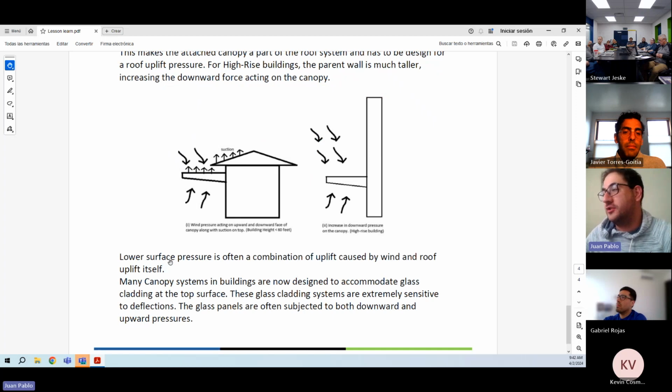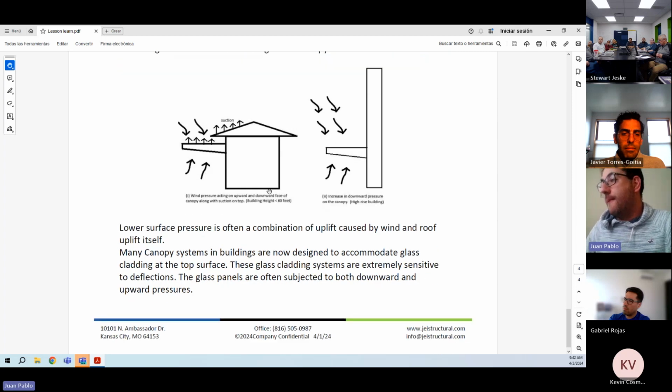Lower surface pressure is often, in this case, a combination of uplift, the suction going up, and the roof uplift itself. So the wind gets to the wall and goes up, plus the suction from the roof itself. Now the article also says that many canopy systems in buildings are designed using glass.